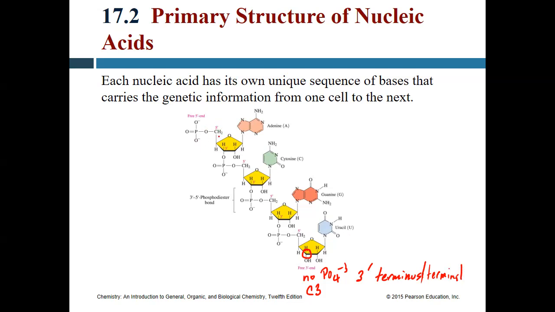And over here, we can see that this 5th carbon has a phosphate group on it, but it does not have another sugar connection there. This is on the 5th carbon. So this is the 5 terminus or the 5 terminal.